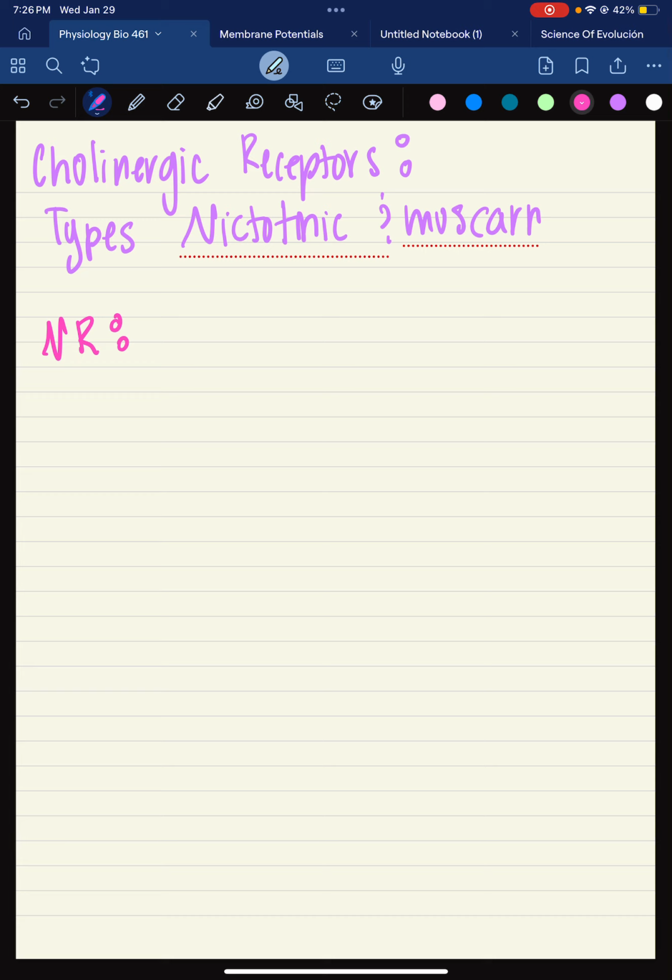Nicotinic 1 is in the neuromuscular junction, and nicotinic 2 is in the ANS. It causes depolarization. The muscarinic receptors are located on the parasympathetic effectors and some sweat glands in the sympathetic system. We have M1 to M5.